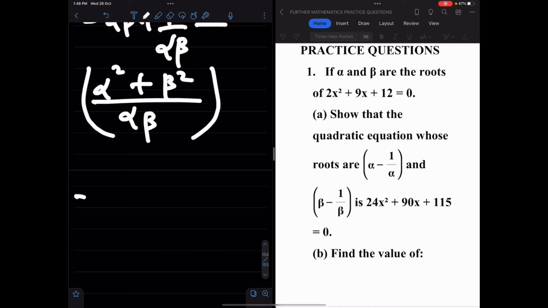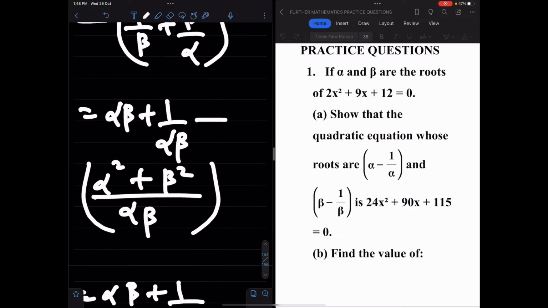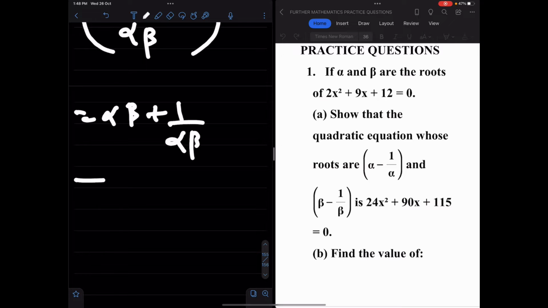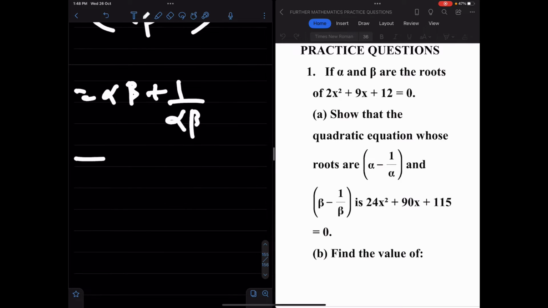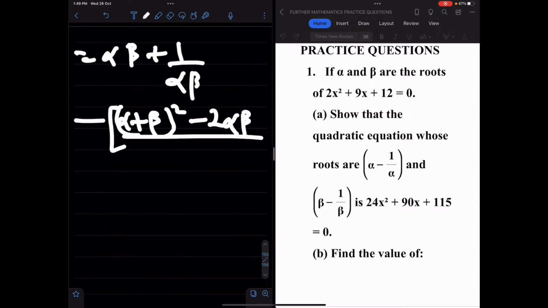That's equal to alpha beta plus 1 over alpha beta, minus alpha squared plus beta squared, which is the same as alpha plus beta all squared minus 2 alpha beta, all over alpha beta.